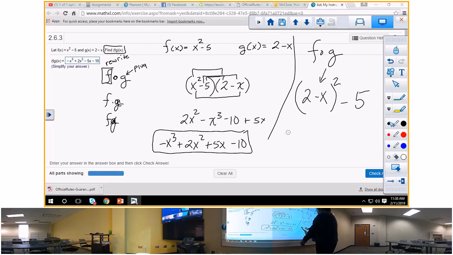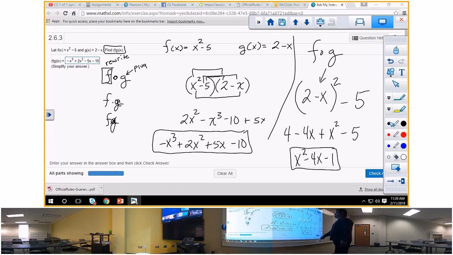Which would be 4 minus 4x plus x squared minus 5, and then 4 minus 5 is negative 1, so that's going to be x squared minus 4x minus 1. So that would be f composed of g. Composed means substitute.